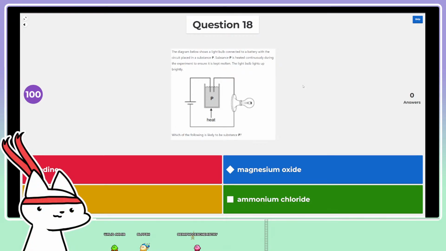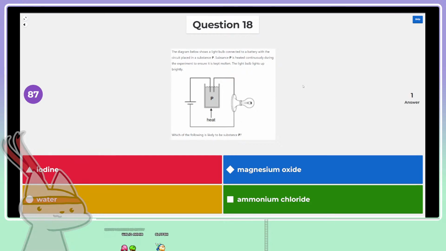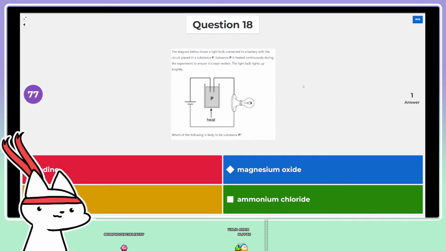Okay, so question 18 will be, I would just say tricky because they wrap the concept in an example. Which substance's concentration is likely to be substance P?